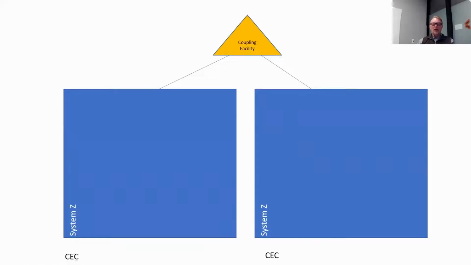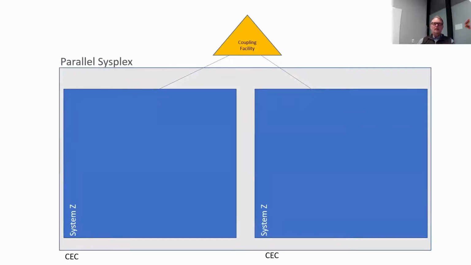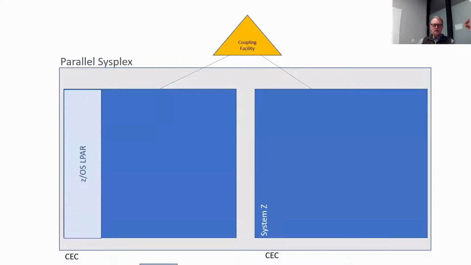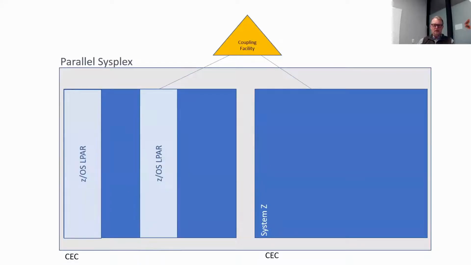Connecting them together with a coupling facility makes this a parallel sysplex. It's commonly referred to as a sysplex. It doesn't have to be between two separate CECs. They can be between separate LPARs running inside of the machine or separate physical machines.